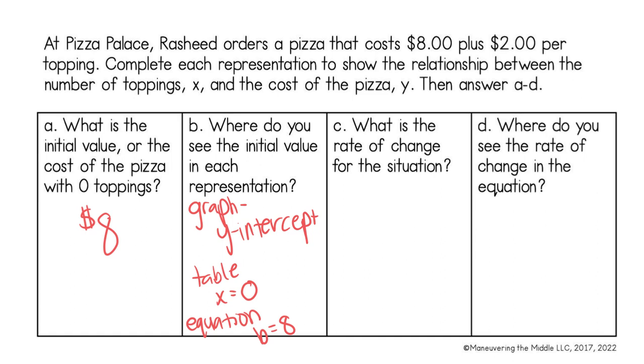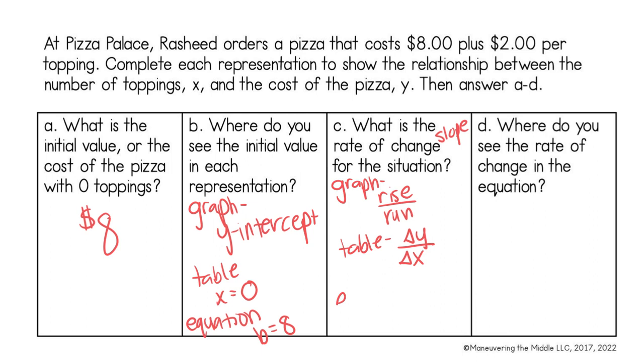All right, C, what is the rate of change for the situation? Remember, rate of change is just the slope. So I'm going to write that right here, our slope, because you can use any representation to find it. But remember, in our graph, you just do rise over run. In the table, you do your change in y over your change in x.